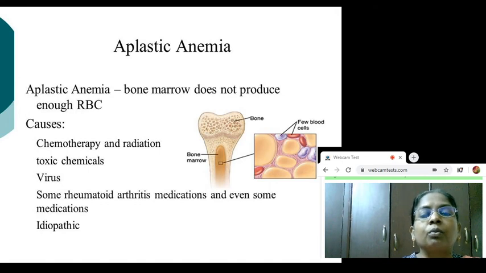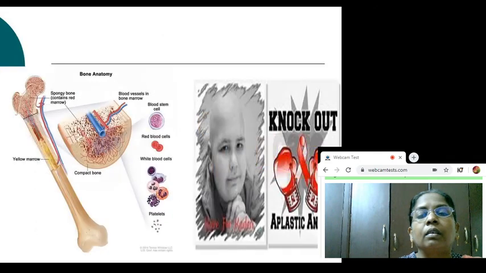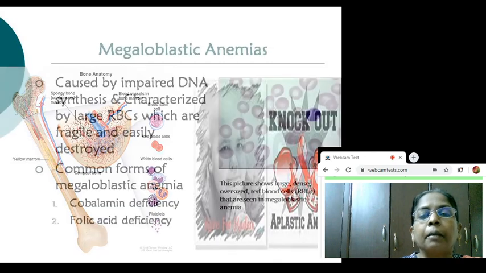Viruses affecting the body, rheumatoid arthritis, and also idiopathic, that is an unknown reason. Then we have to knock out aplastic anemia. So if you eat all kinds of protein and vitamin-rich food, definitely you can knock out the anemia.